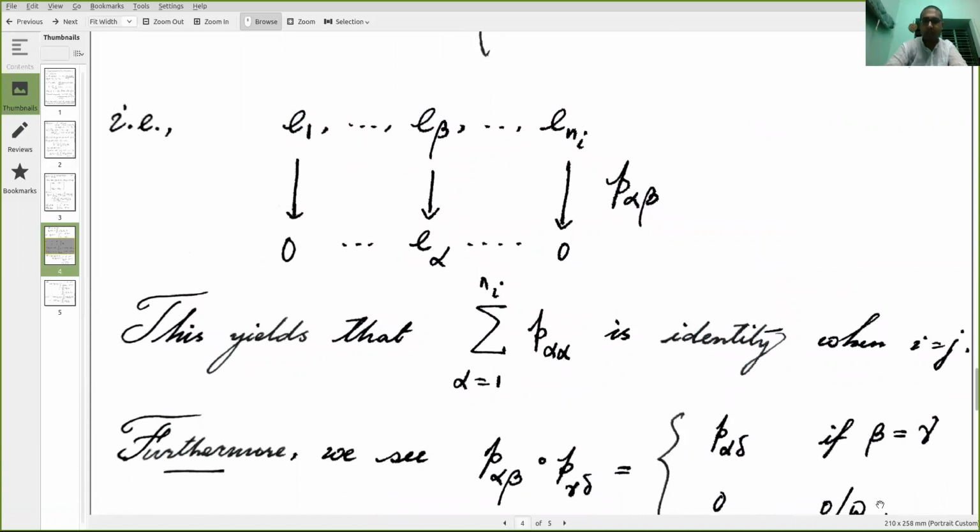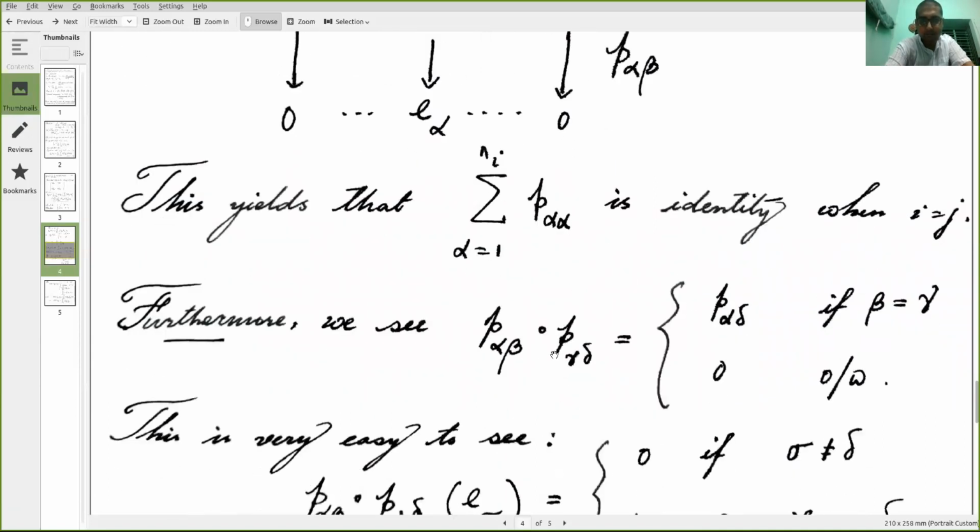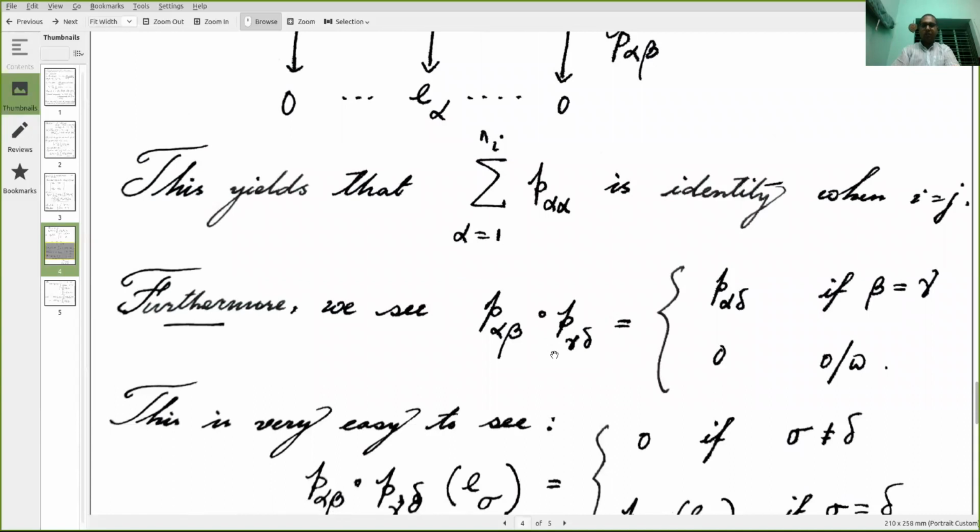Because if you apply it on any, let's say E beta, only the term P beta beta will fix it, and any other summand will push it to 0. So the entire sum will fix the vector E beta. This is an important observation.